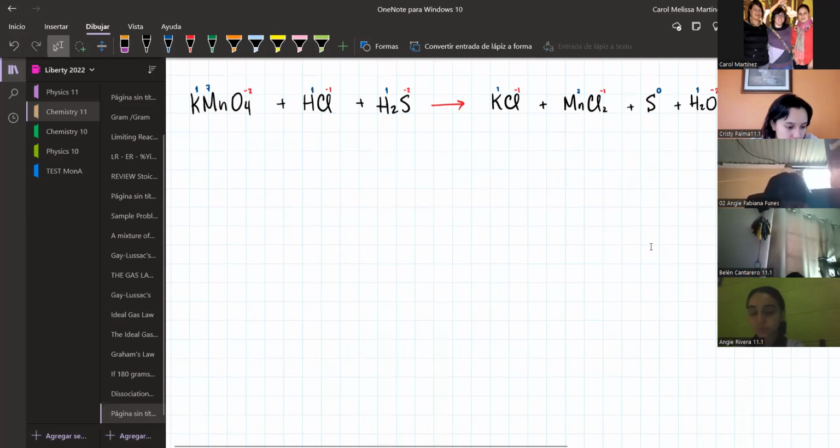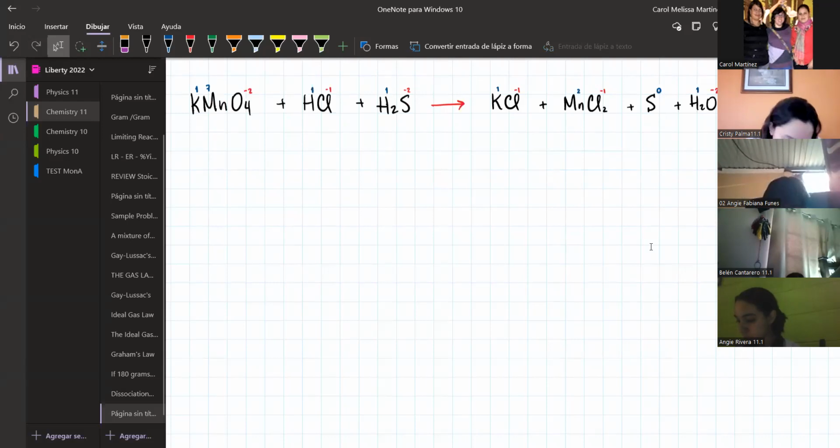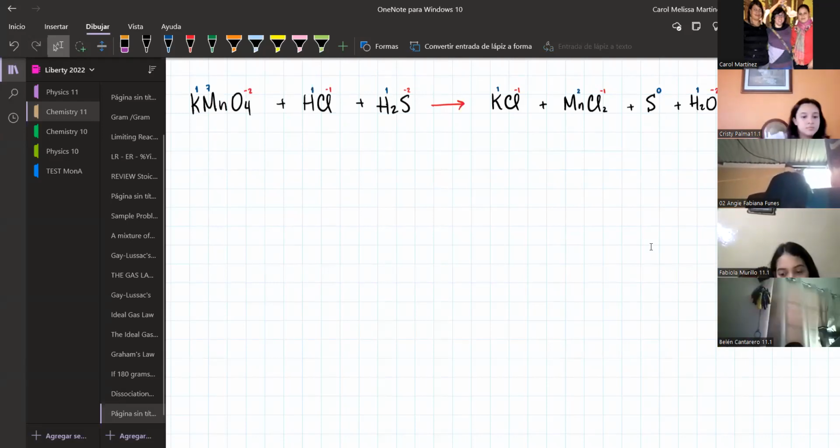Now we need to identify the redox. Which element is reduced? Manganese. Guys? Manganese, okay. So for manganese, I'm going to do my reduction part, okay?